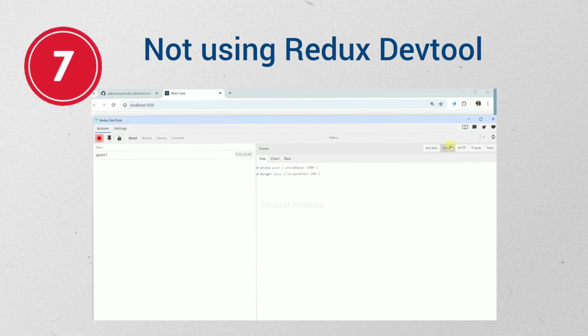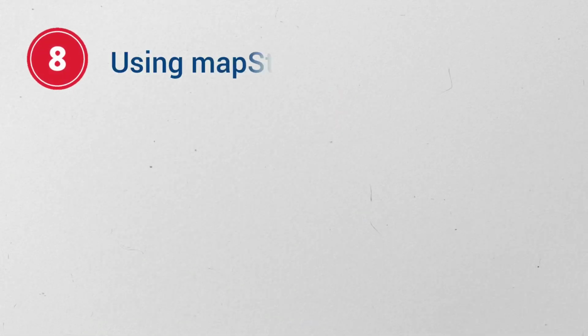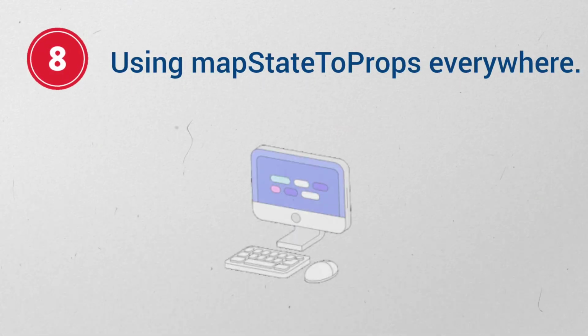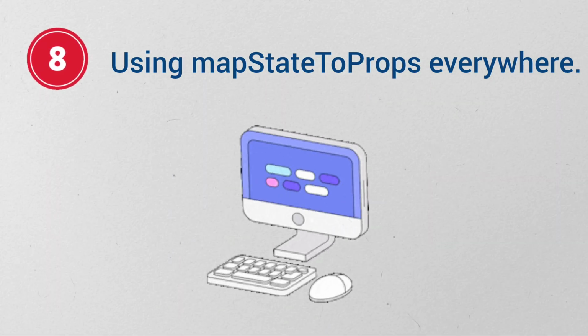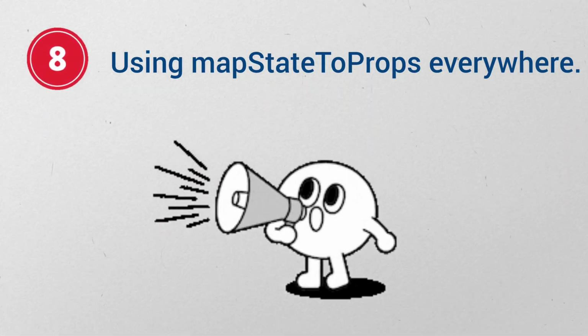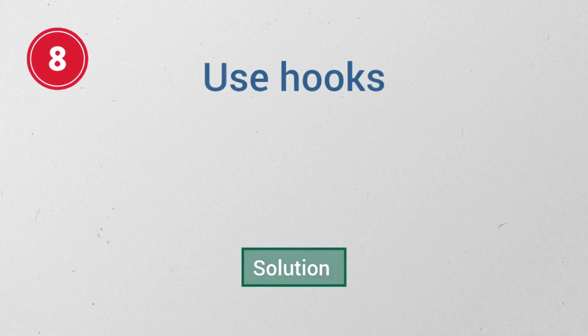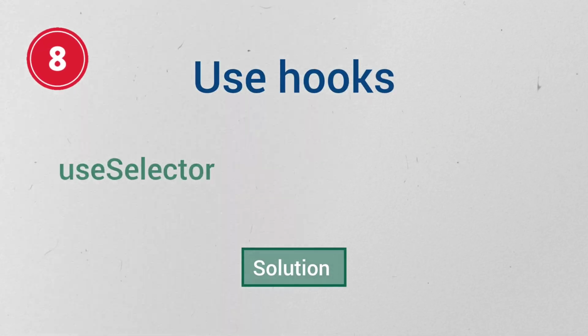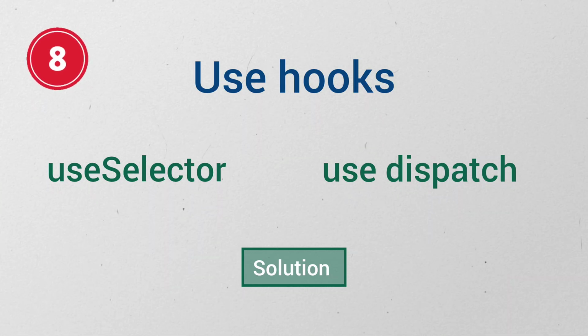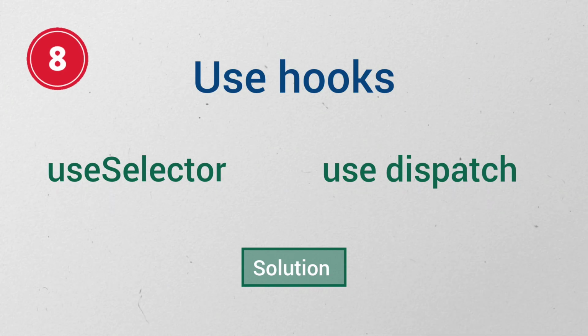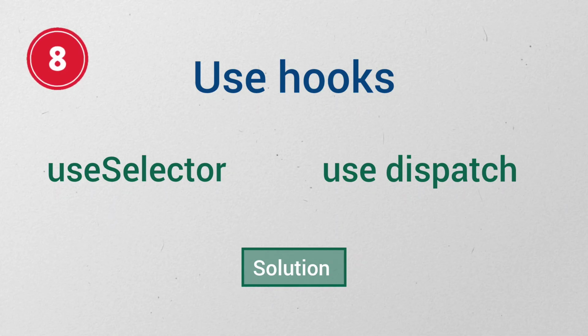Using mapStateToProps everywhere. Wrapping every component with connect and mapStateToProps will lead to performance issues. So the solution would be you can use hooks like useSelector and useDispatch from React Redux hooks, which can easily access the store directly in functional components and minimize unnecessary re-renders.